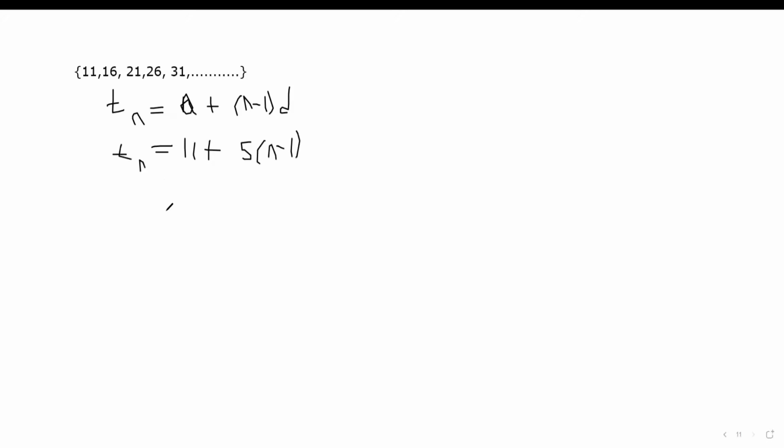And so what we end up getting now is that the nth term is equal to 11 plus 5n minus 5. We're going to get that the nth term is equal to 5n plus 6. 11 minus 5 is 6.